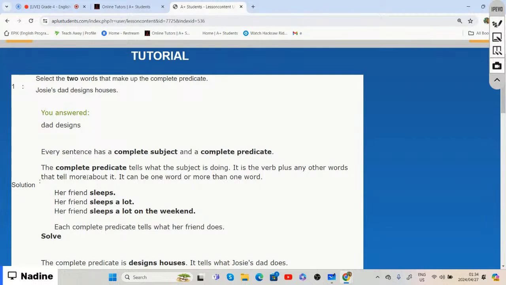All right. So if we look at this one, it says select two words that make up a complete predicate. A predicate, remember, is a verb, it's an action.